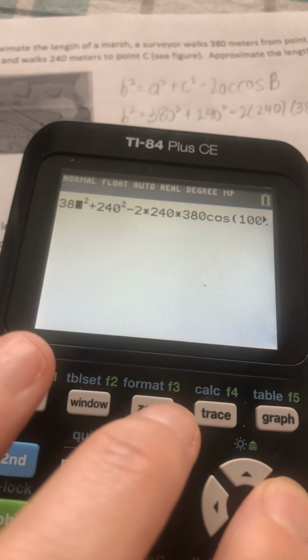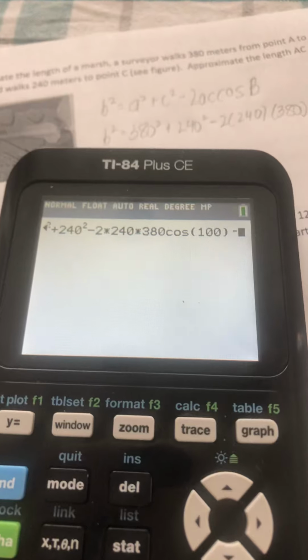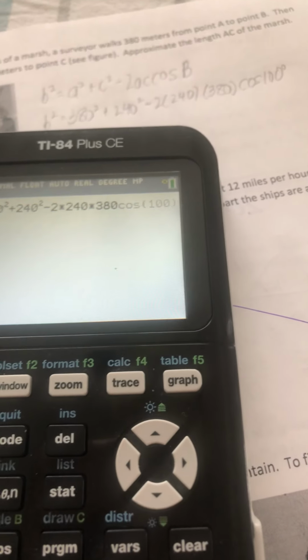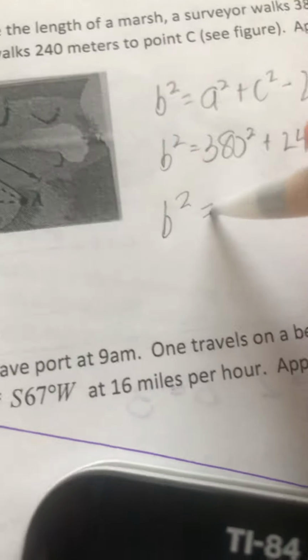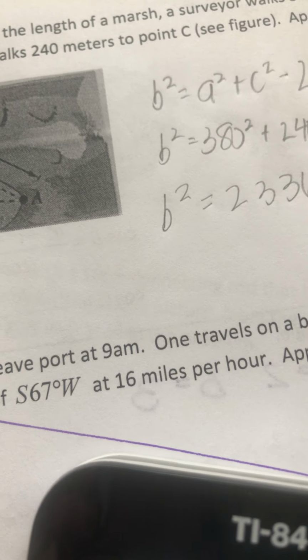When you're working these, make sure you're in degree mode because you're doing the cosine of 100 degrees. But alas, what do you have to do? This is all equal to b squared. So what do you have to do in the end? Take the square root of it.